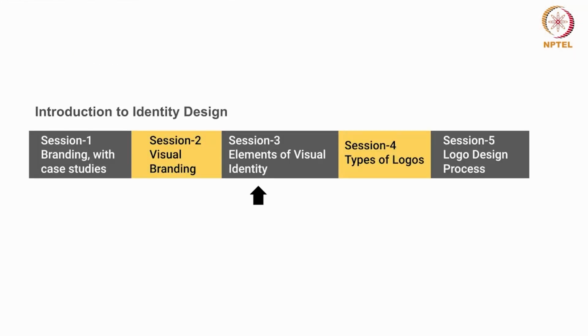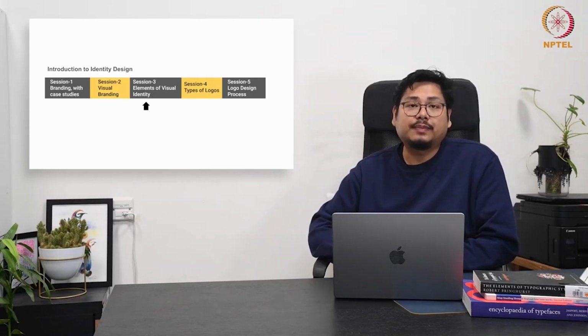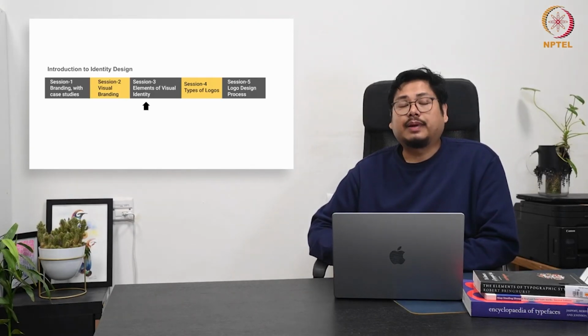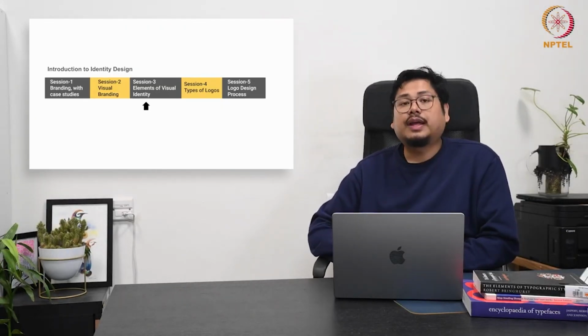So in our previous session, we talked about the concept of visual branding, how visual elements play an important role, and how brands have utilized those elements to create the essence of the brand. Everything counts, be it the apparel, the space design, the print publications, or the typography; everything creates the essence of the brand.